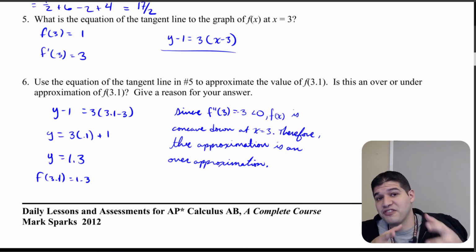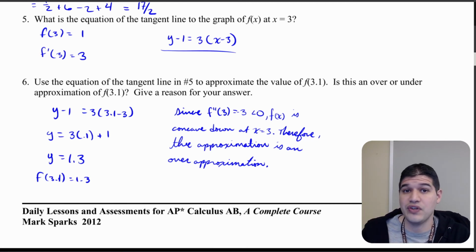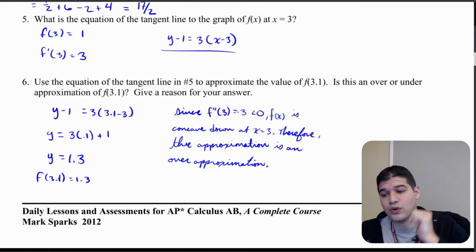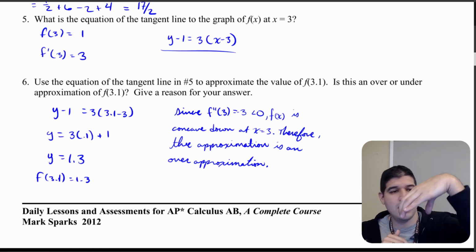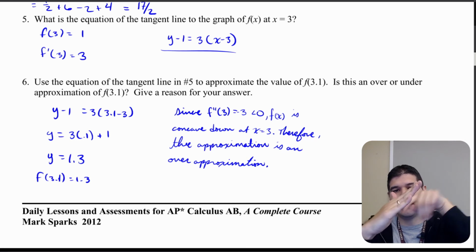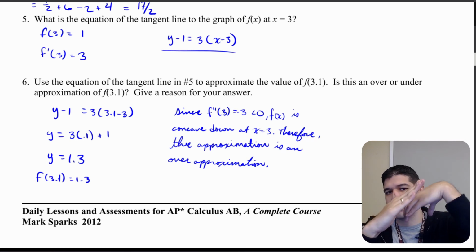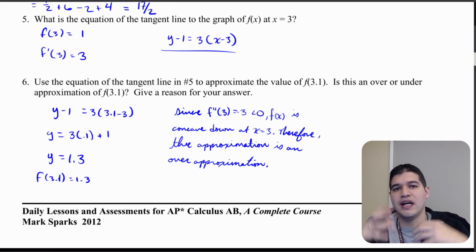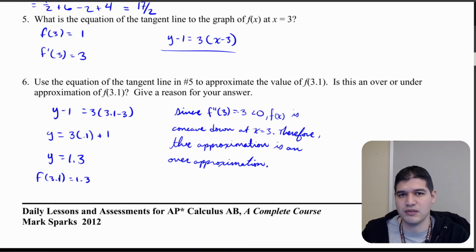That means that the function is concave down at x equals 3. Therefore, this approximation of 1.3 is going to be an over approximation, because we have our function, a parabola that's concave down, and we have our tangent line. If we go anywhere to the left or right, the tangent line is going to be a little bit over that parabola. So that's how we know it's going to be an over approximation.